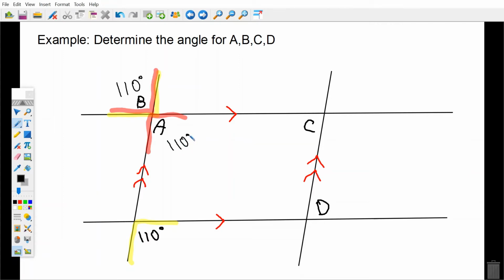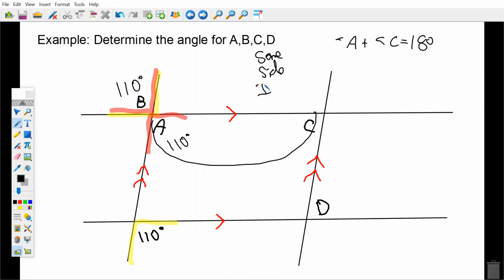The next thing that I see is that angle A and angle C, right here, form a straight line, right? And we know that a straight line has to be 180 degrees. So angle A and angle C have to equal 180 degrees. It's called same side interior angles.